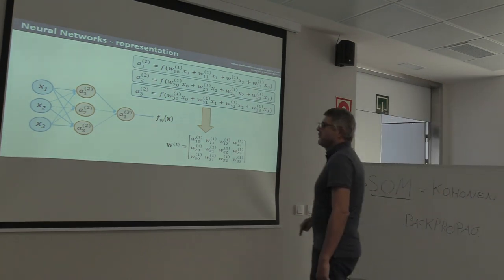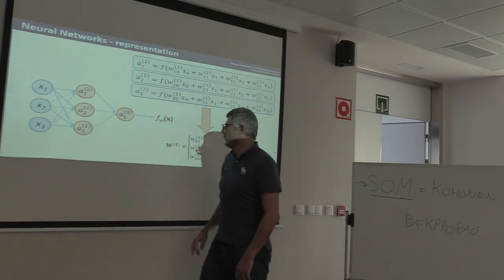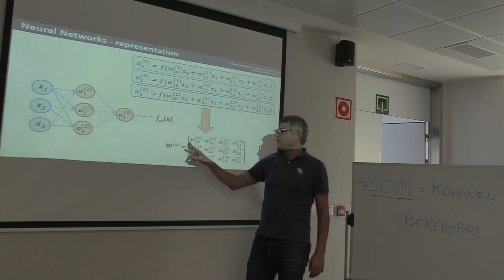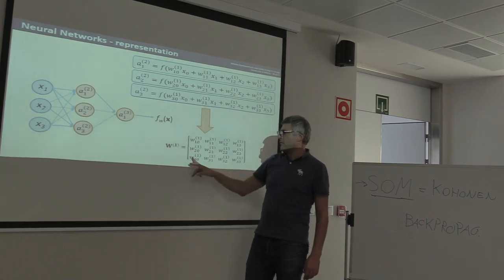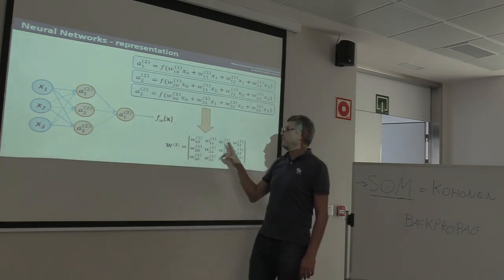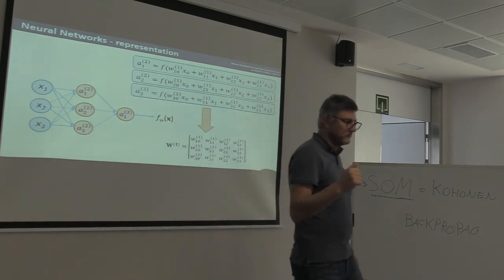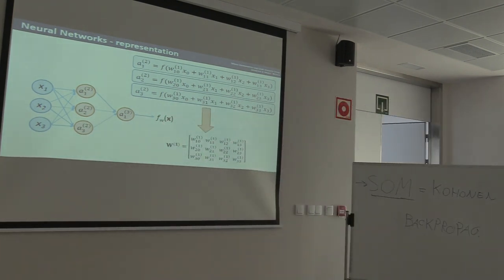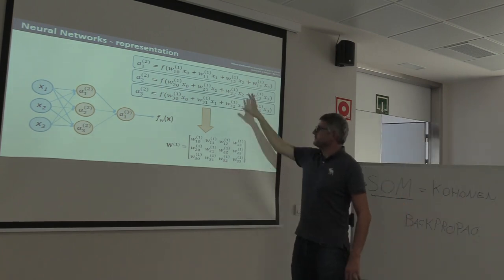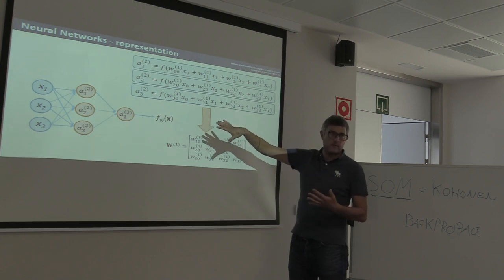Here we have 3 inputs, so this matrix will have 3 rows, the number of neurons here, times 4, which is 3 plus 1. And these are all the weights that connect the inputs and the neurons.